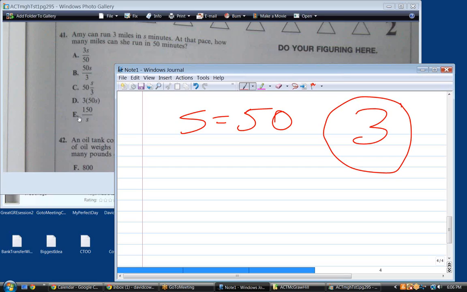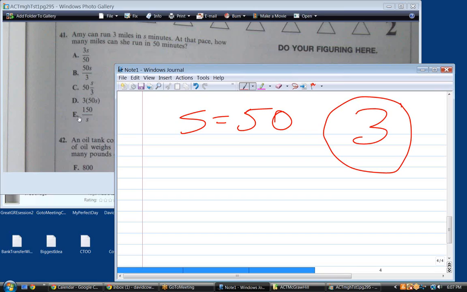Unfortunately, that doesn't work nicely because 2 answers come out to be equal to 3, A and E. When I use s of 50, A is equal to 3, but so is E. And since 2 numbers came out to be the right answer, I'm quite certain none of the others are going to be equal to 3.